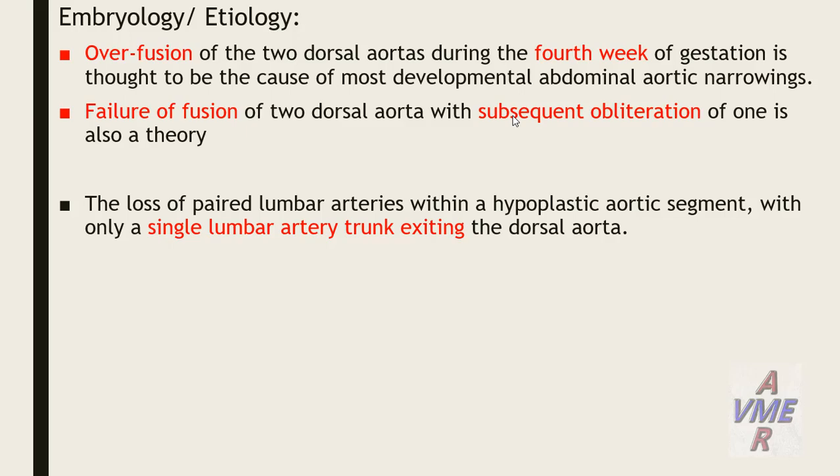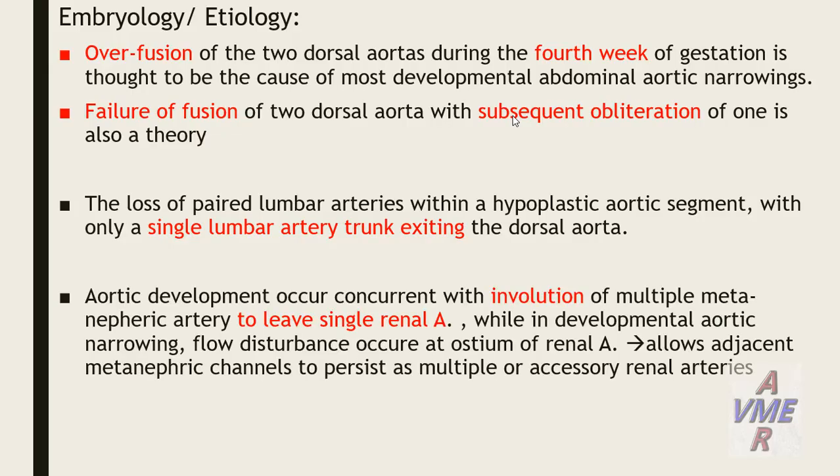There is loss of the paired lumbar arteries within the hypoplastic aortic segment, with only a single lumbar artery trunk exiting the dorsal aorta, and the aortic developmental anomaly occurs in association with multiple renal arteries. Why? Because with narrowing of the aorta, we have disturbance of flow and turbulence, which is persistent at the ostium of the renal artery, and it causes persistence of the multiple or accessory renal arteries.